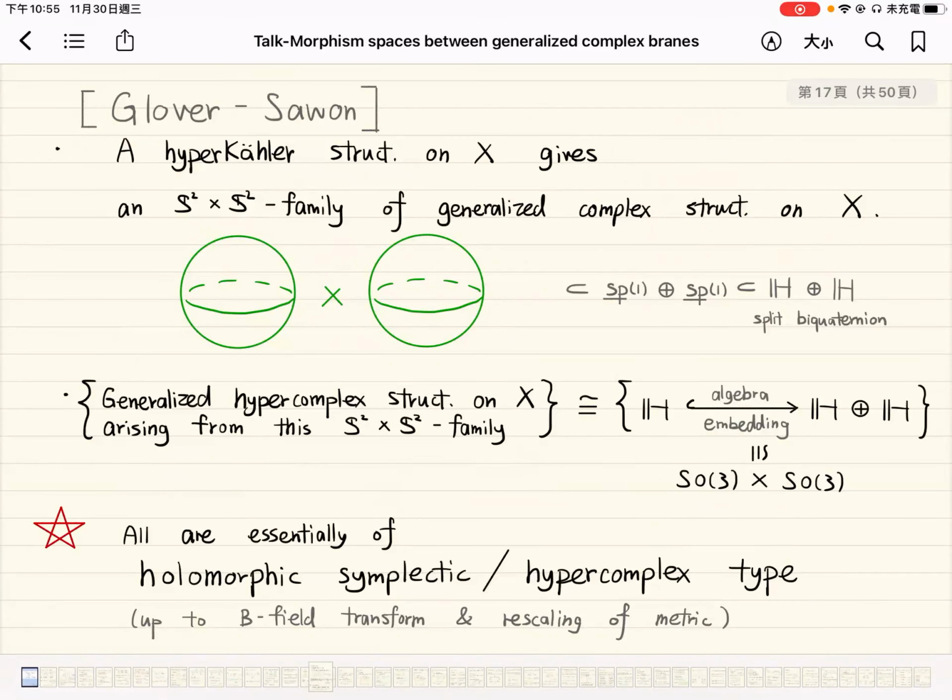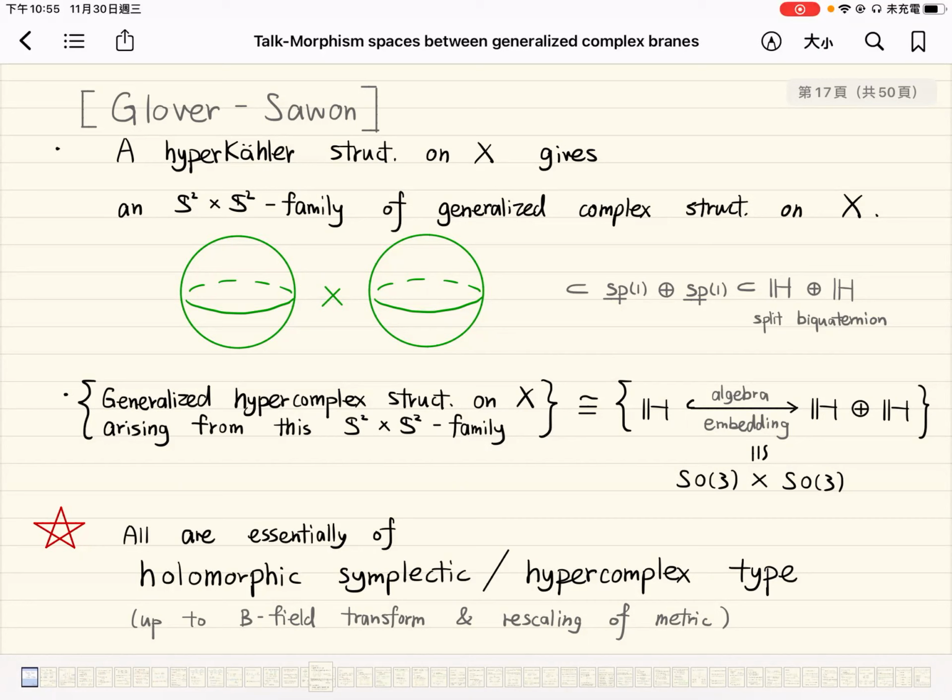So you may ask, what kind of generalized hypercomplex structure can be given rise by a single hyperkähler structure? There was a result by Gualtieri-Cavalcanti that if you have a hyperkähler structure on X, then indeed you can have an S2 cross S2 family of generalized complex structures.